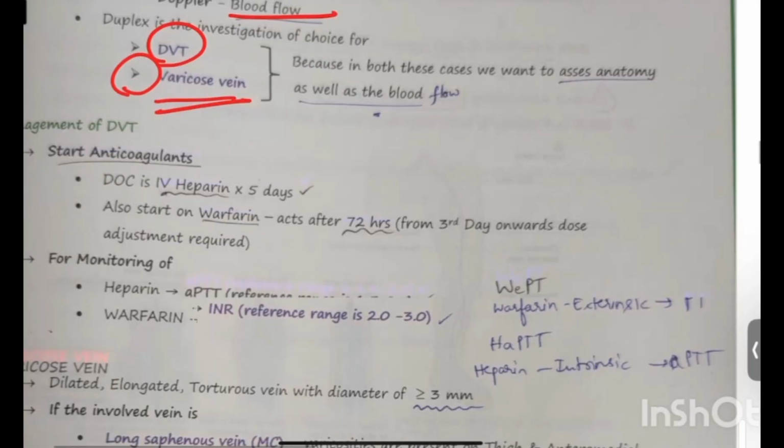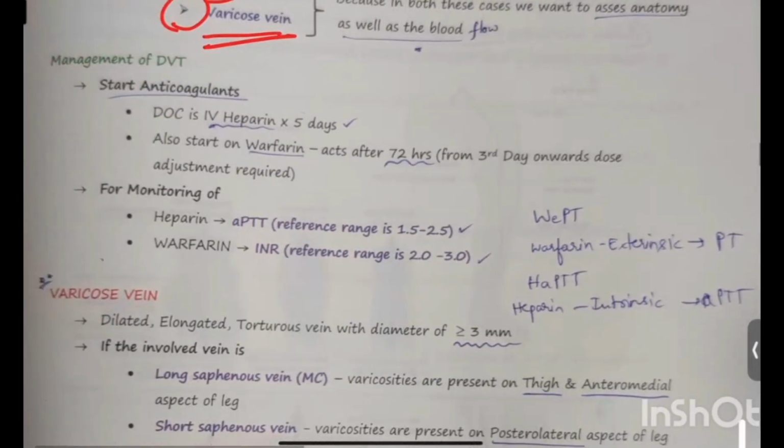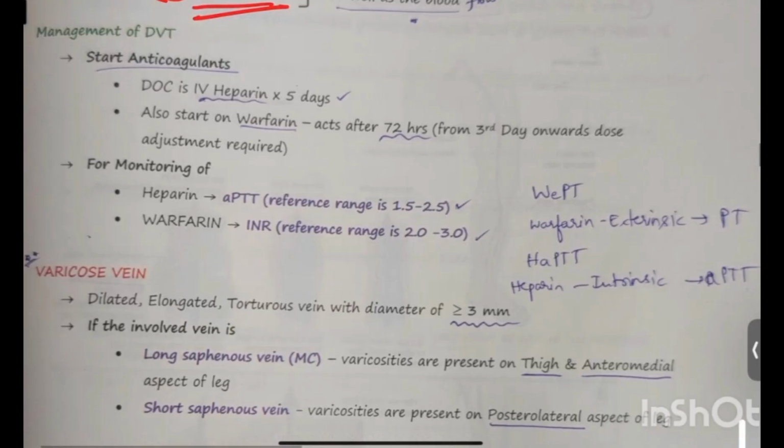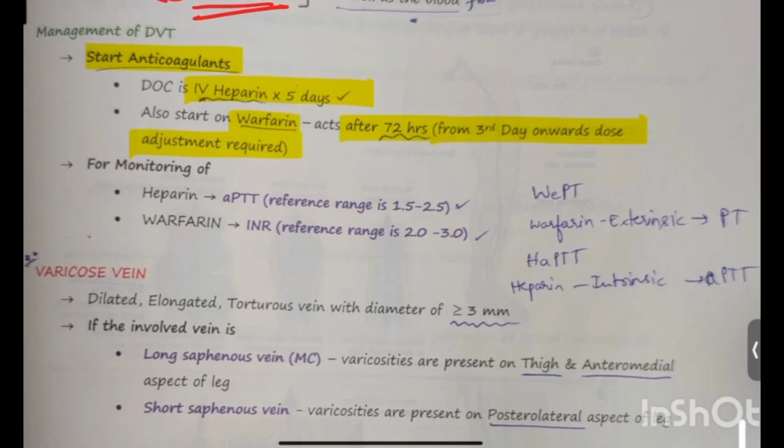Okay. So how do we manage? Just like we saw, mechanical and physio or pharmacological. So pharmacologically, we will start anticoagulants, that is intravenous heparin for 5 days. Also we can start warfarin, which acts after 72 hours, that is from the 3rd day onwards. But for warfarin, dose adjustment is required.